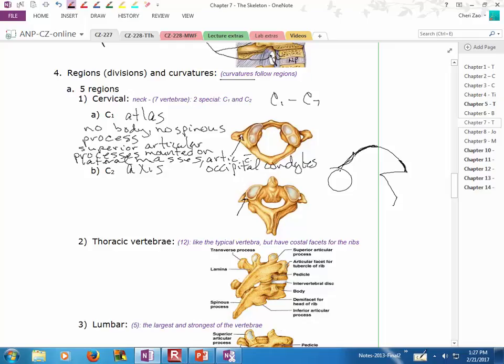We're going to talk about what is the mechanism of action then with the head on C1 in a moment.